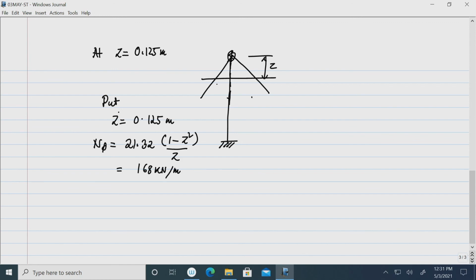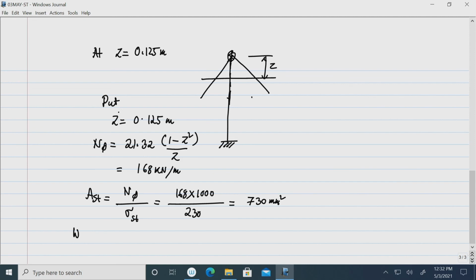Now, based on the calculation of N phi, we calculate the area of steel required. Area of steel required is N phi divided by sigma st, the permissible stress. So, N phi is 168 multiplied by 1000 and sigma st is 230. So, area of steel is 730 mm square.